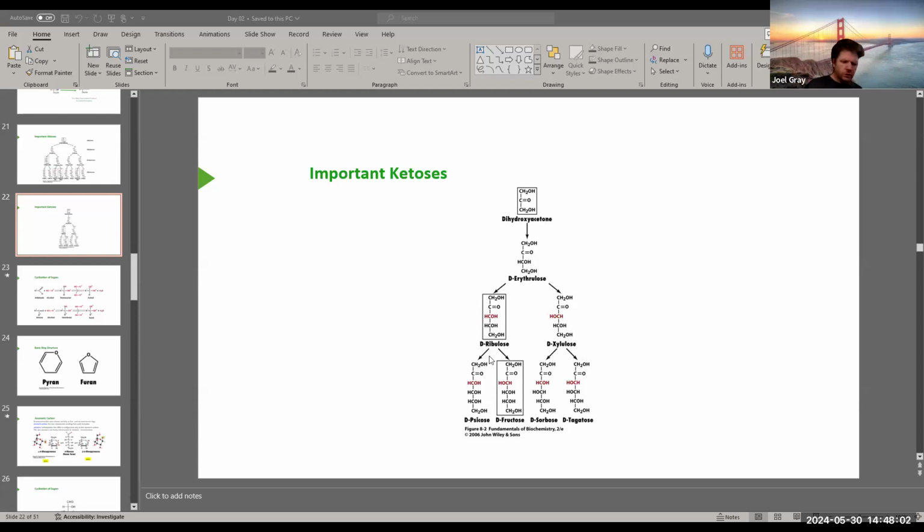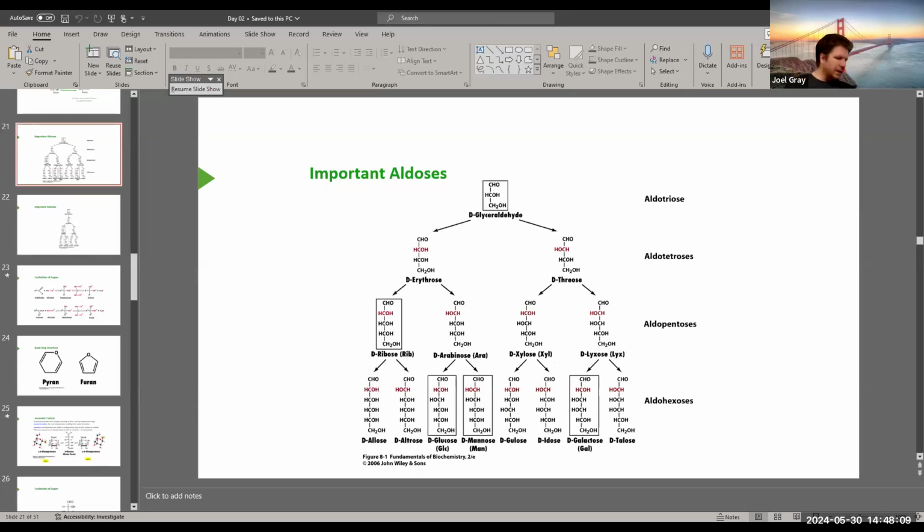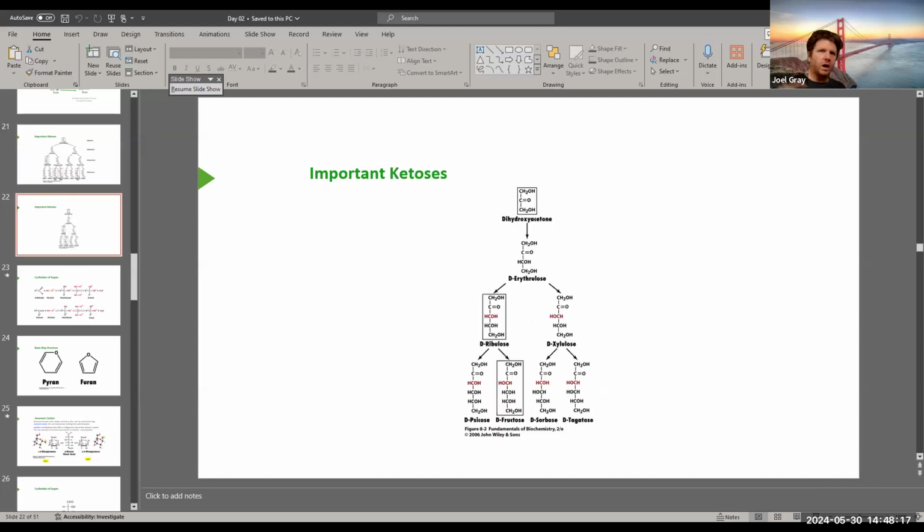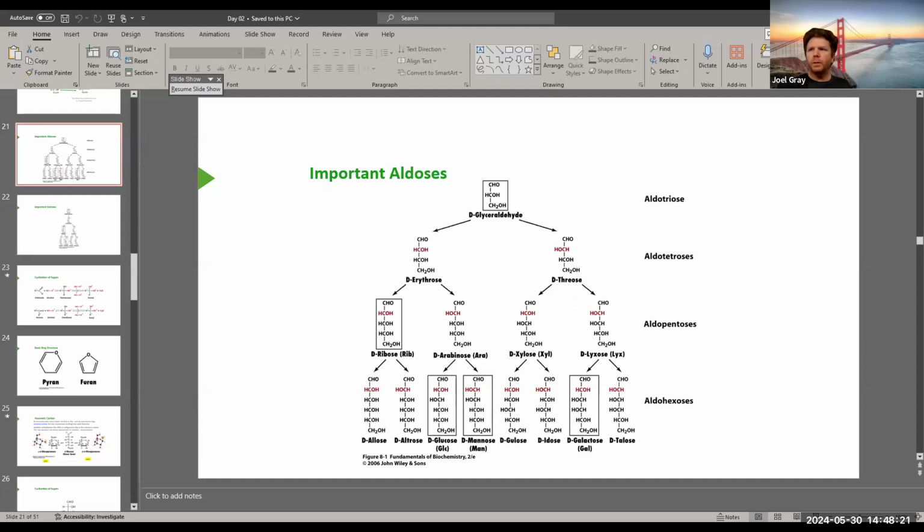Now, ribose. We look back at this. Ribose as a pentose is an aldopentose. Ribose is right there, not to be mistaken for ribulose. So ribose is our aldopentose.